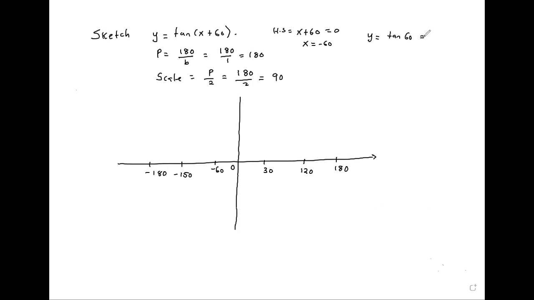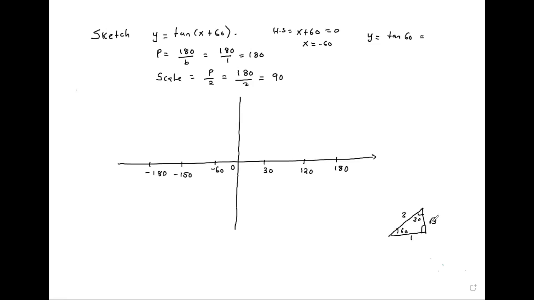But tan 60, if I use a triangle, where this is 90, that is 30, this is 60, and this is 2, this is 1, that is root 3.